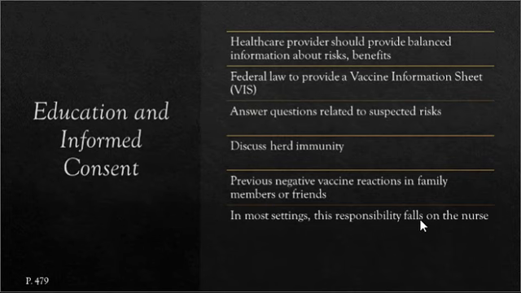And here, in most settings, the responsibility falls on a nurse to teach and to educate that vaccines don't have these terrible things and they don't cause autism. That is a myth that has been proven incorrect and unsubstantiated.